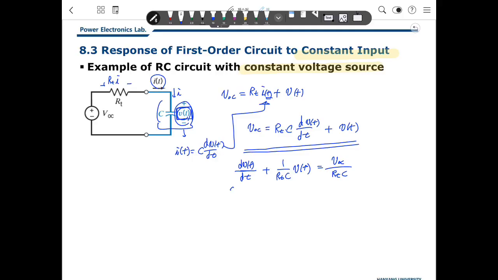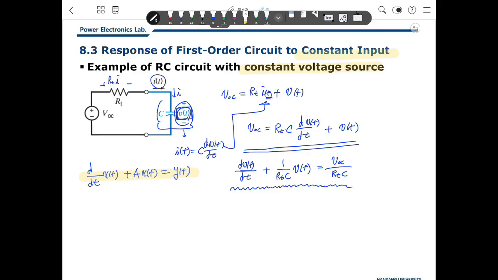What is that? You remember that dx(t)/dt plus a x(t) equals y(t). This is the general form of a first-order differential equation.